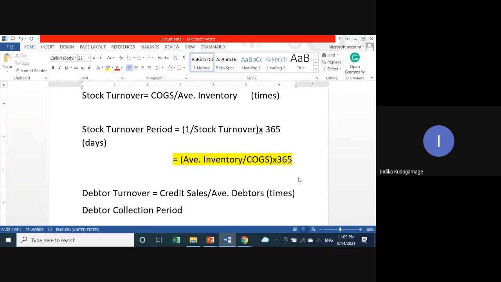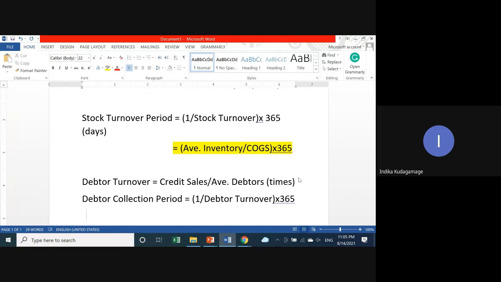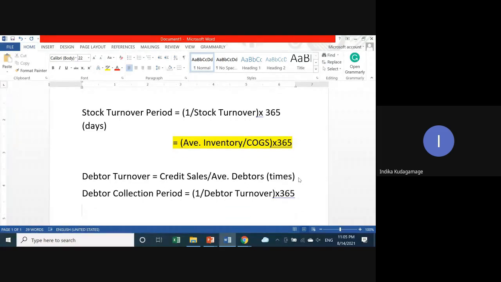So similarly, you can work out the debtor collection period, which is equal to 1 divided by the turnover, or debtor collection into 365. The same thing, it comes in days.